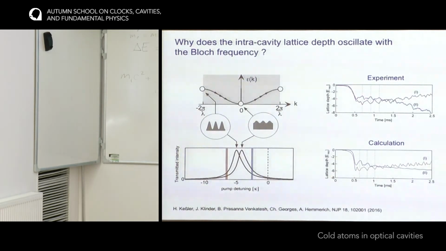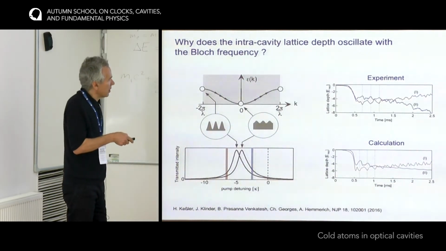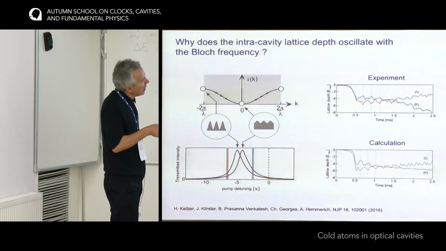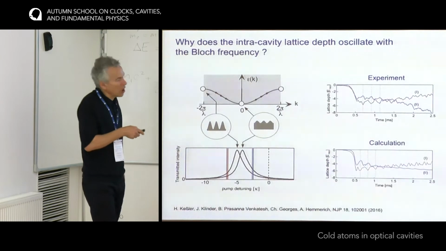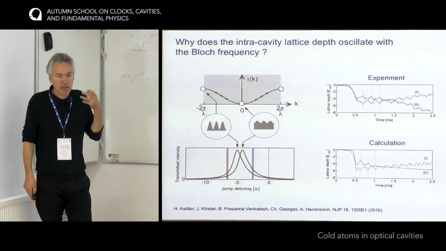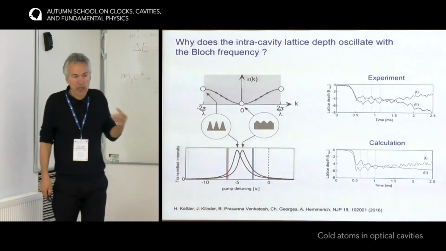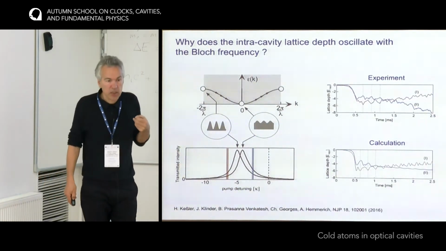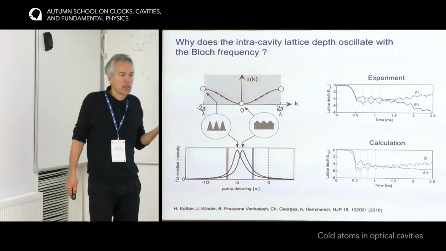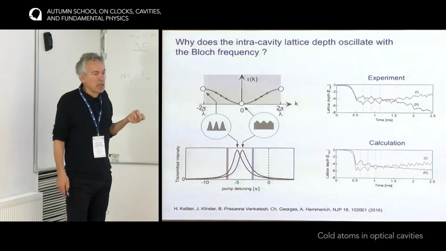And this is shown here. This is the experiment, here you see the Bloch oscillation, and that is the calculation. Well, you see that in our experiment we are not well set to see many Bloch oscillations because our atoms are strongly interacting via contact interaction. Collisions are a very serious effect in our cavity.